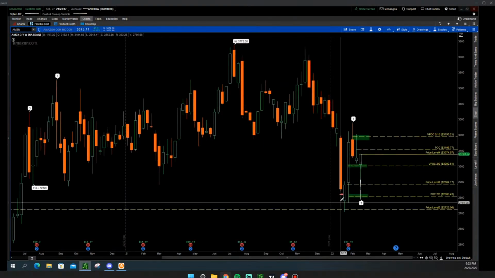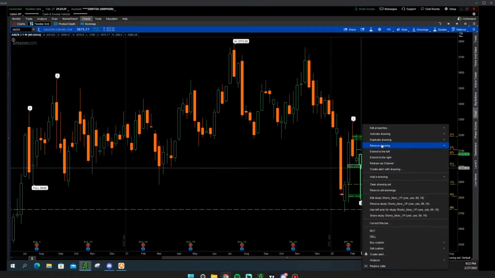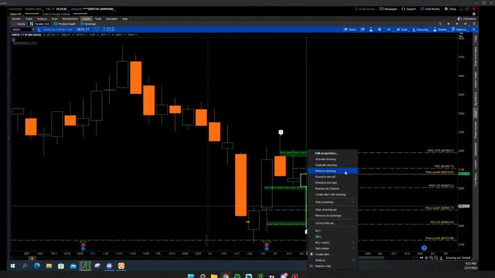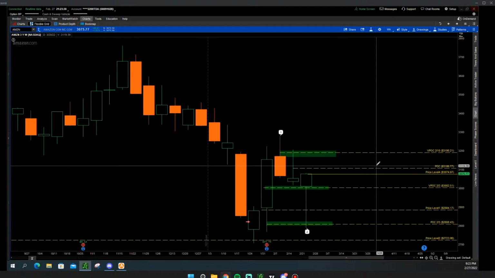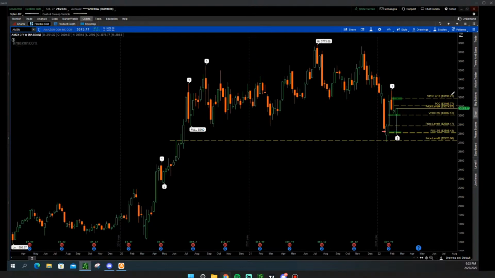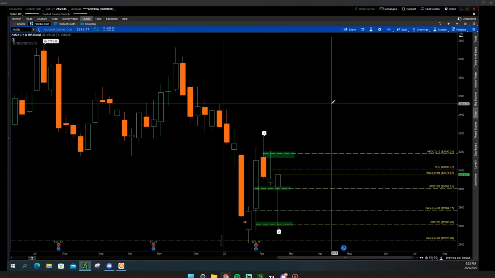What a mess here. That last candle looks almost like the weekly SPY candle. Yeah, it's just kind of hard to tell the price action on some of this stuff.